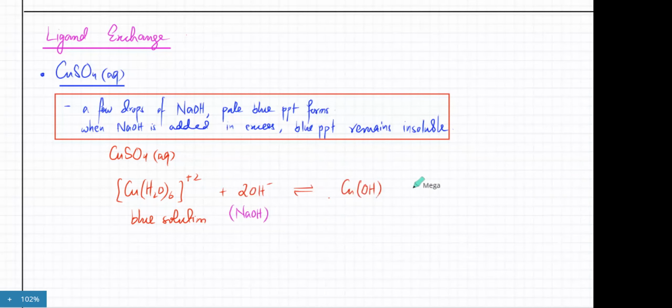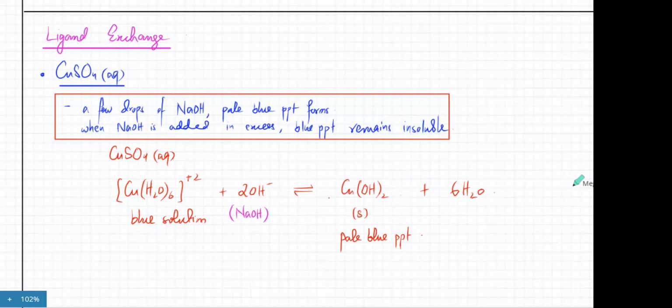And it ends up forming Cu(OH)2, which is a solid precipitate, and that's your pale blue precipitate. And the 6 water molecules get knocked out.